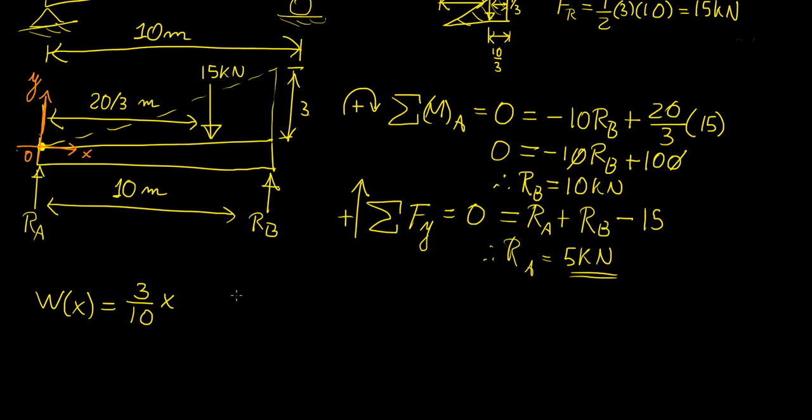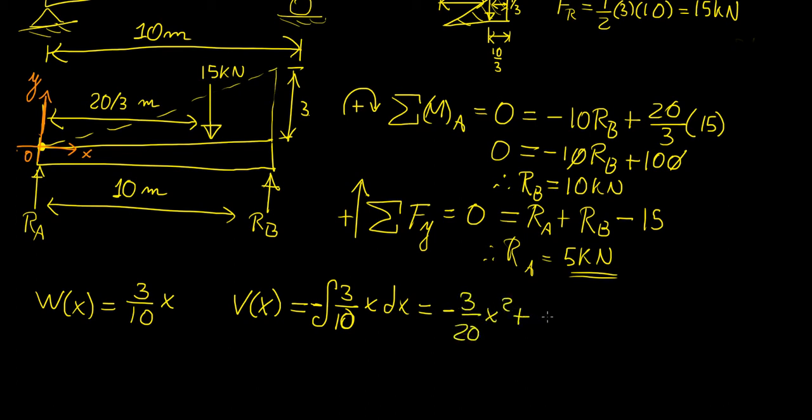So now to calculate the shear force, in this case we're just going to have the integral, and it is going to be negative, of this function. So it's rise over run for the gradient, x dx. Integrate that, that becomes minus 3 on 20 x squared plus some constant over here, let's call it V naught.